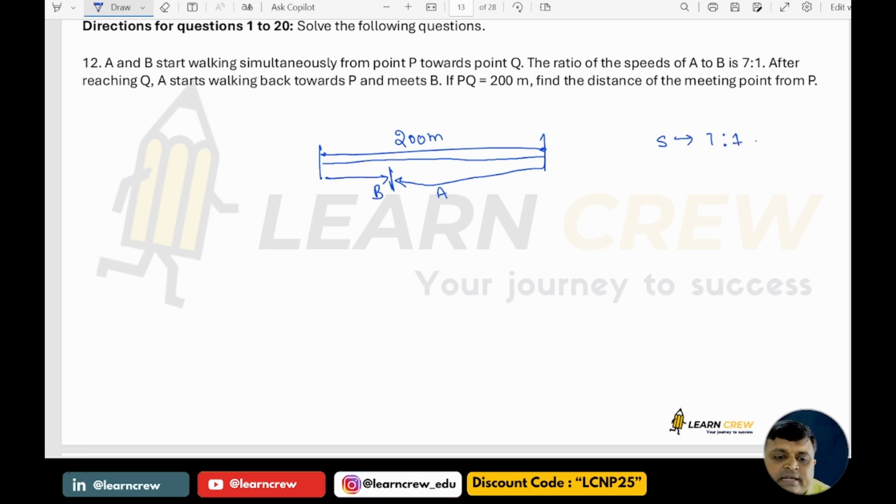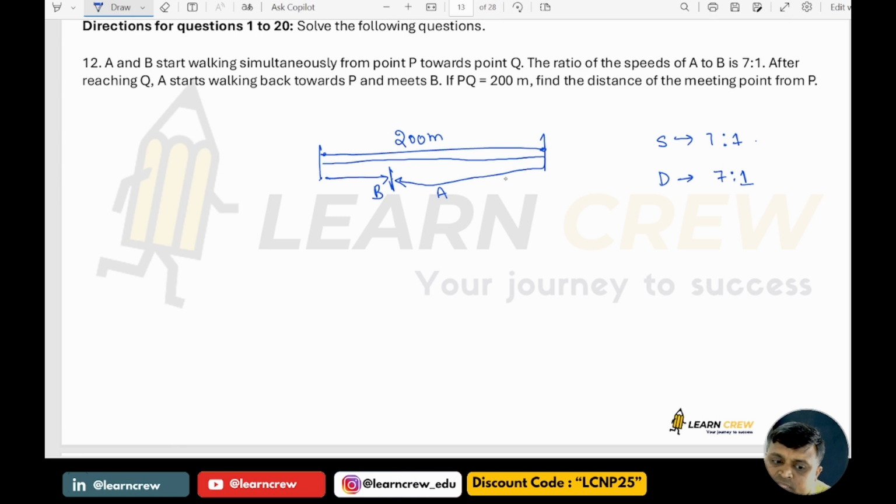See here, this is a case where time is constant, because in the same time when B travels from here to here, A is reaching here and returning here. So time is constant. Therefore, the distances covered by A and B are in the ratio of their speeds.